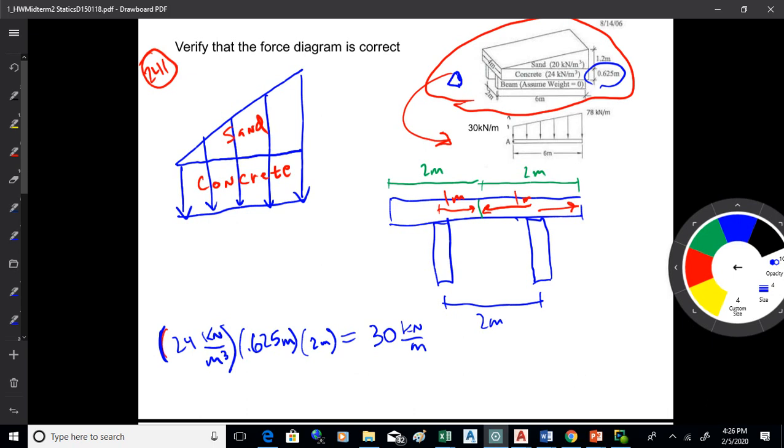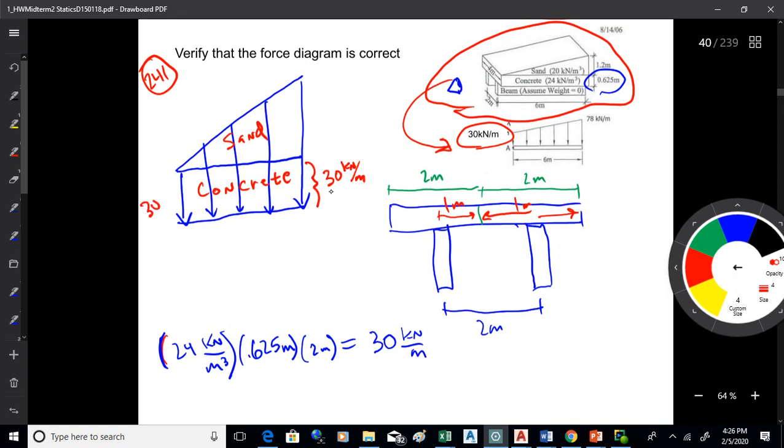So that's where this number here comes from, the 30 kilonewtons per meter, because that is the weight of the concrete per unit length. So that's 30 kilonewtons per meter, as is this, because that's a slab of constant thickness, 0.625 meters, okay?